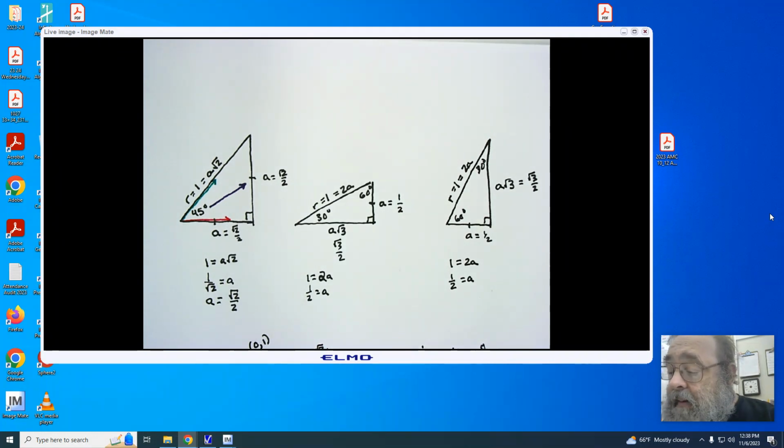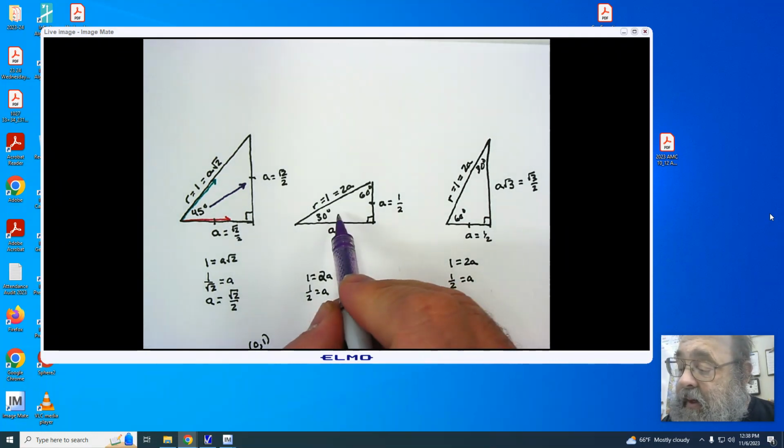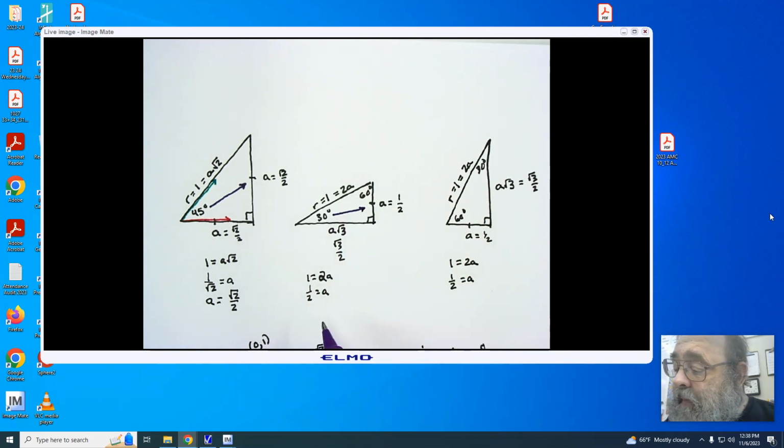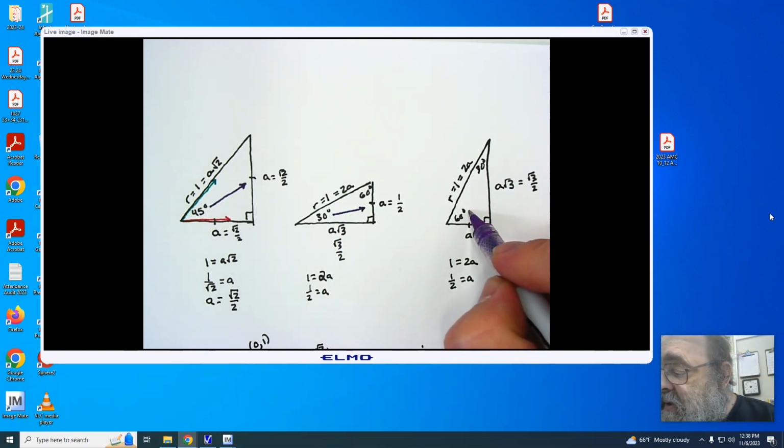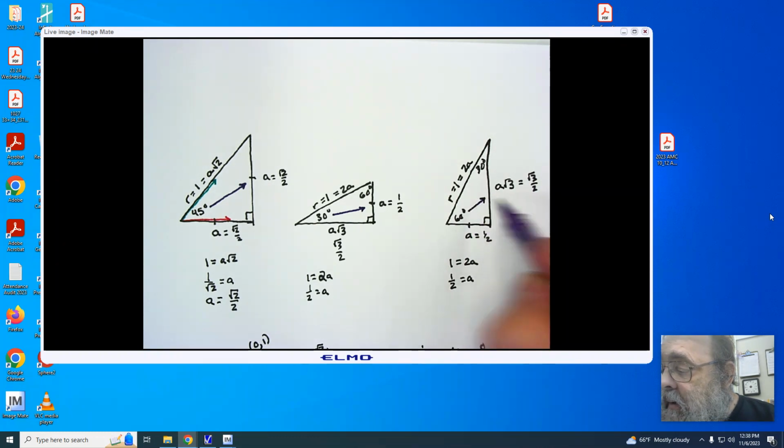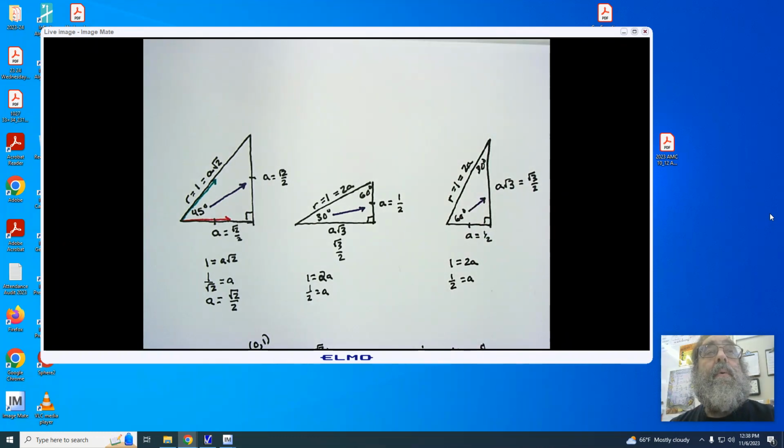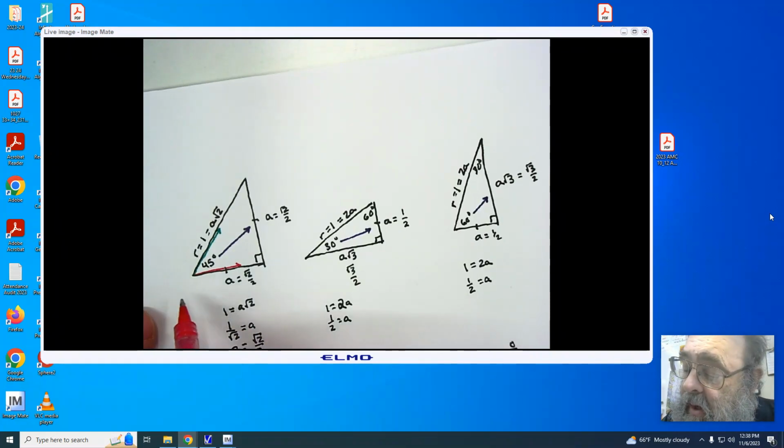That means that my opposite side of a 30-degree angle is the 1/2, and the opposite side of a 60-degree angle is √3/2. We call the adjacent side the side that is the horizontal.